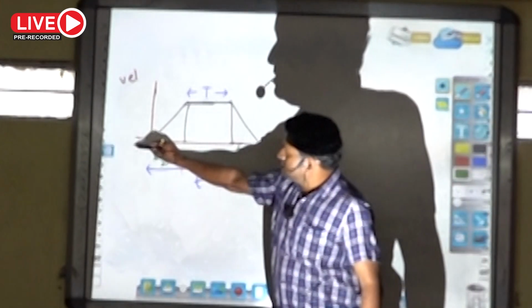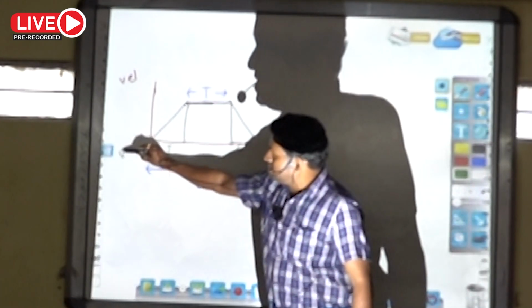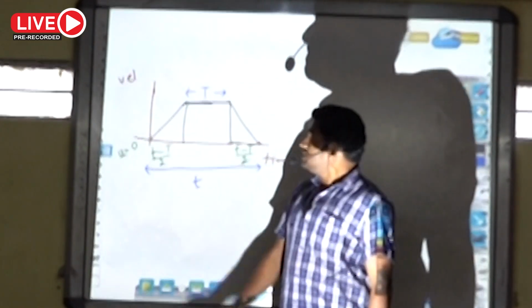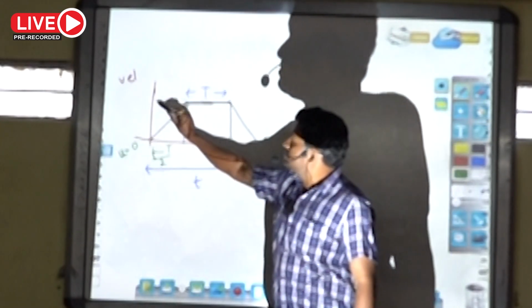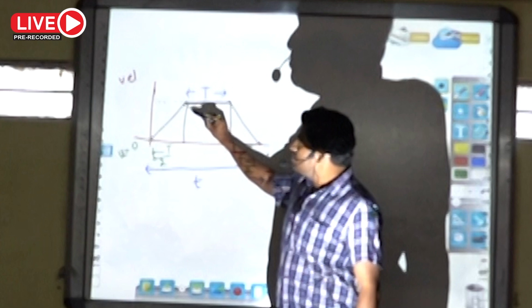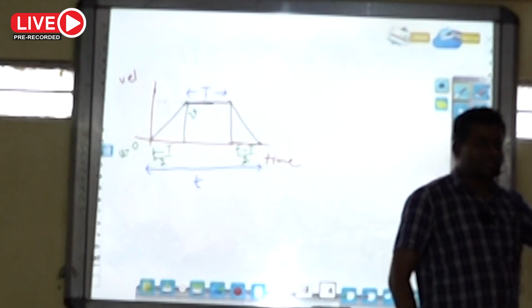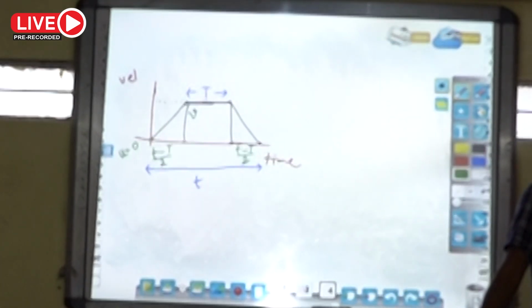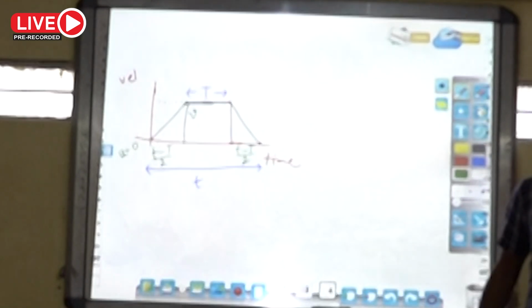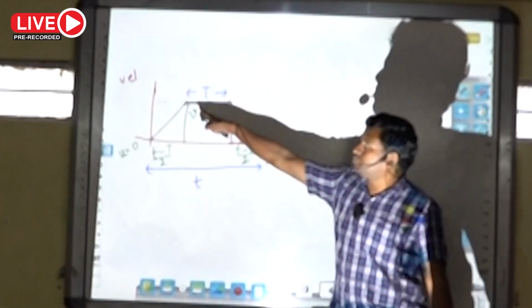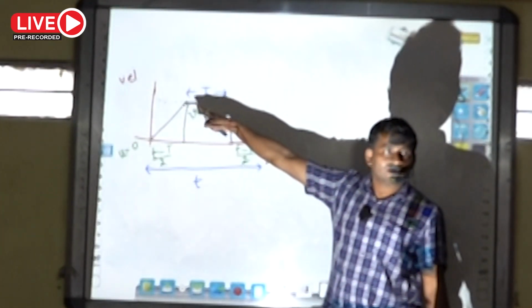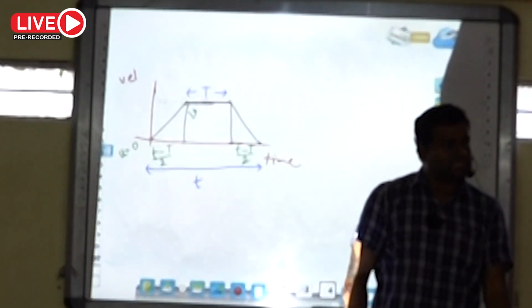Now, it starts with velocity 0, that is the initial velocity. It achieves the final velocity at this point. What is its value? Let us consider v. At the end of acceleration, it goes to a final velocity v, maintains that velocity for time capital T, and then comes to rest due to retardation. Up to this point, the velocity will be v, and it is reached due to the acceleration.